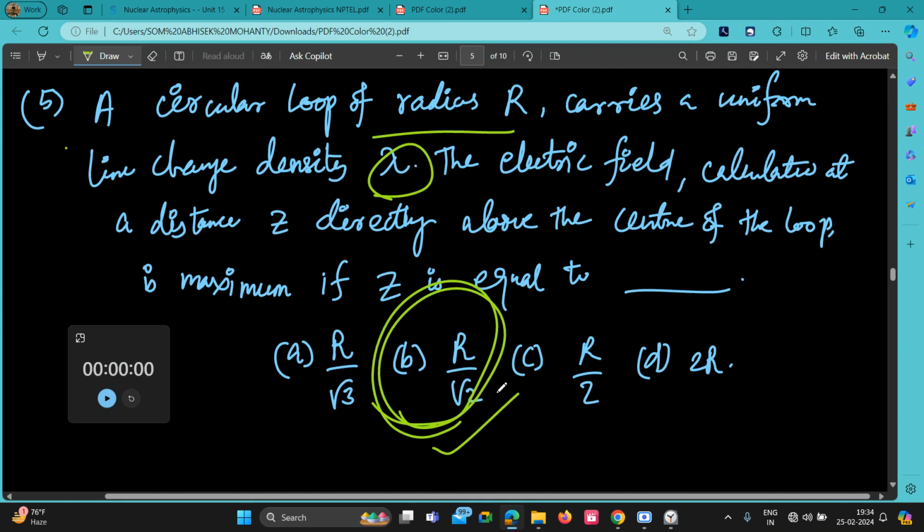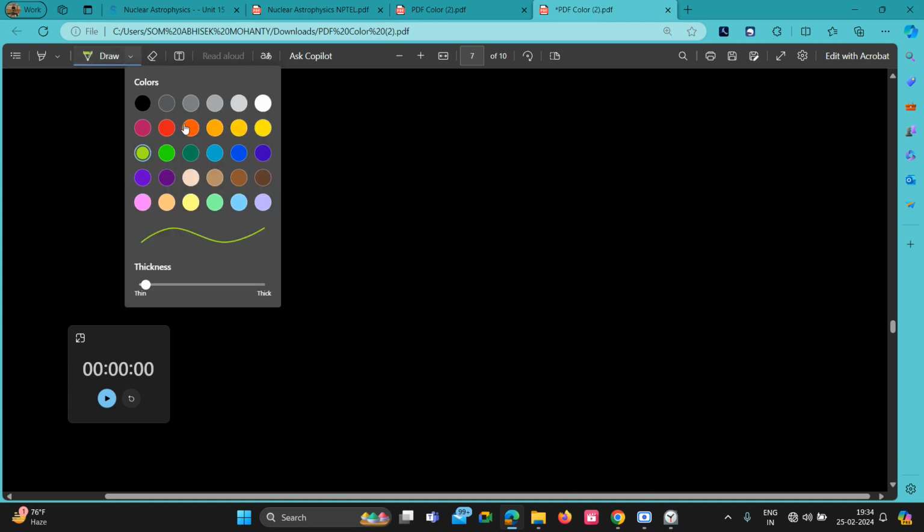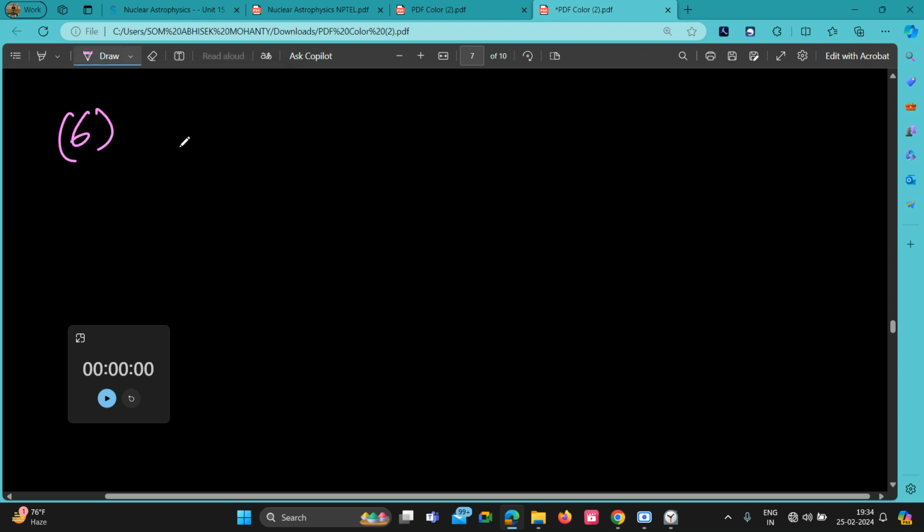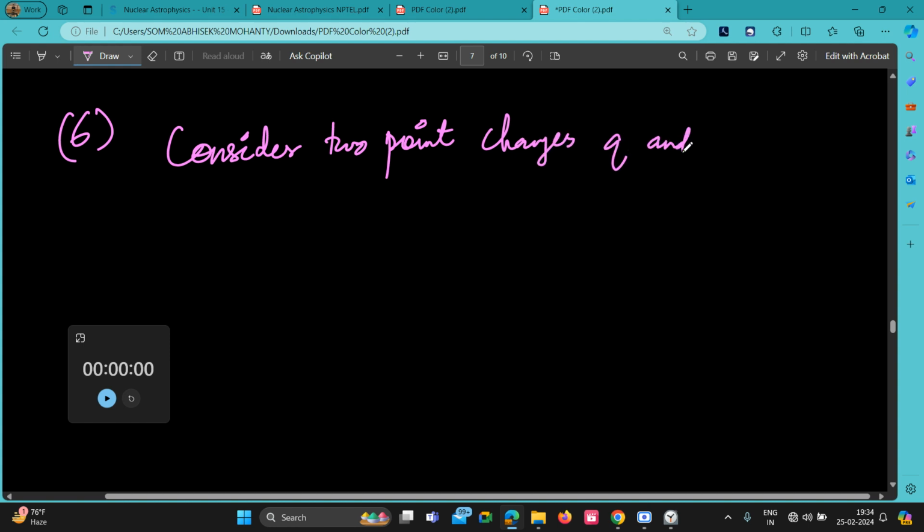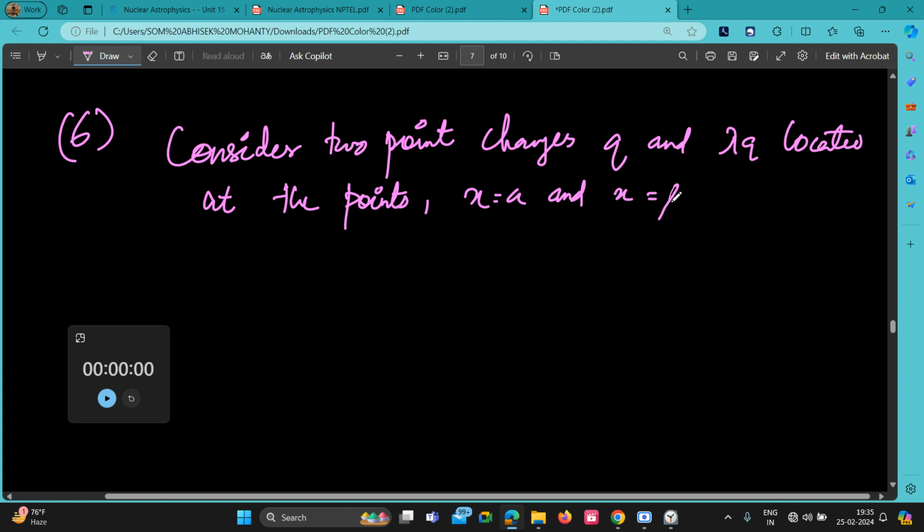Write another similar type of question. Consider 2 point charges Q and lambda Q located at the points x is equal to a and x is equal to mu a respectively.